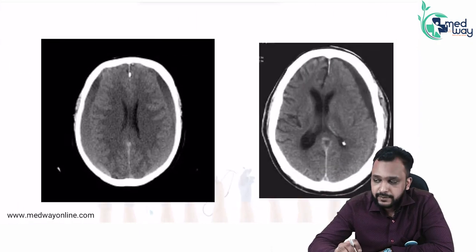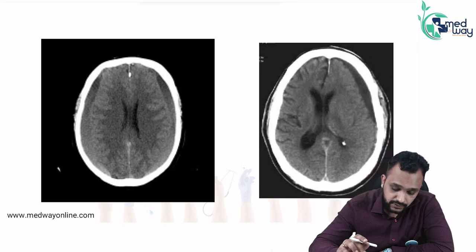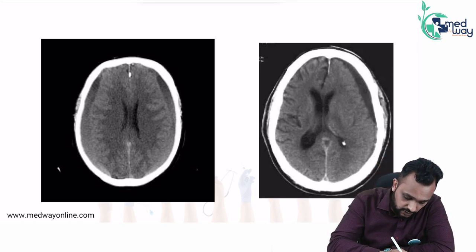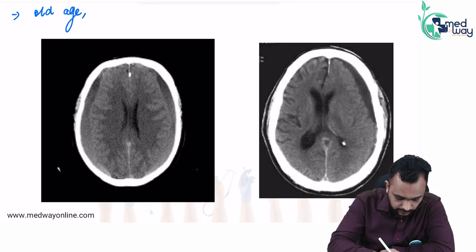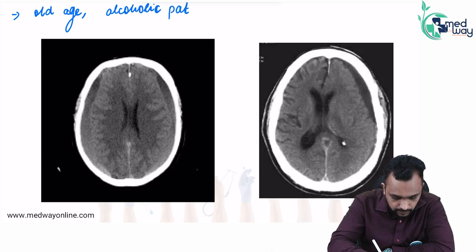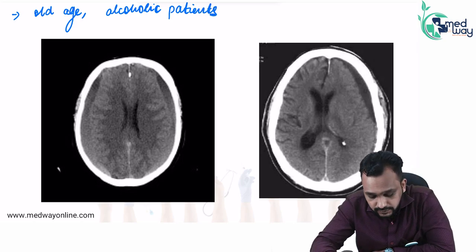Now coming to the next type of bleed. This type of bleed is common in old age patients or in alcoholic patients. So what happens?